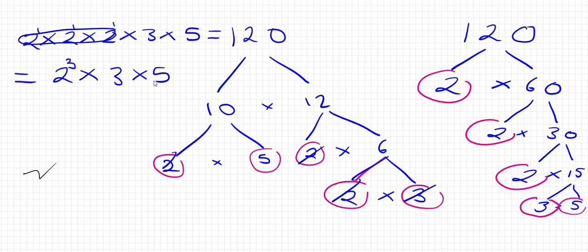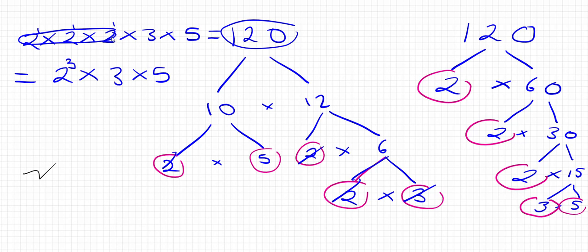Okay, so what we have done is we have broken up our composite number using a factor tree. Our factor tree, the branches end when we see prime numbers or prime factors. Once we have all of our prime factors, so all the branches end at a prime number, we write them down on one line using multiplication.